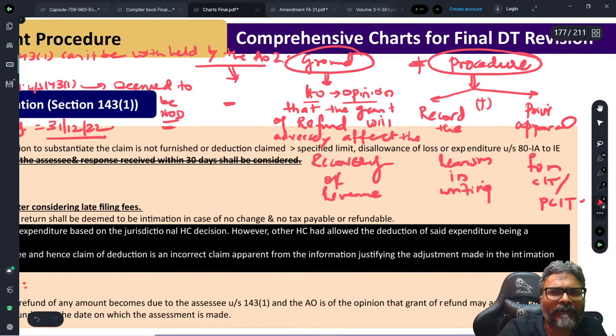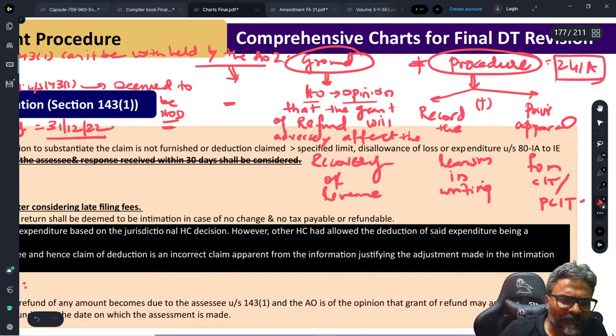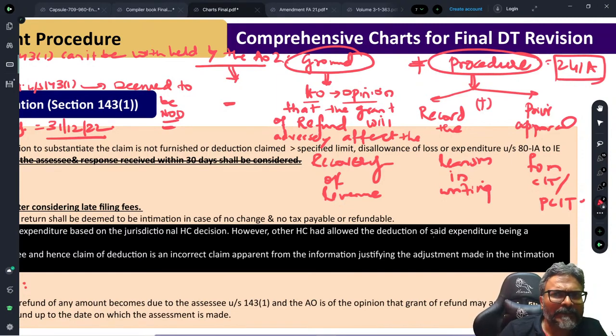So whether withholding of refund is possible, the answer is yes. This is what section 241A says. So far as section 241A is concerned, that is precisely the point. I hope that all of you are clear with this one, every one of you.